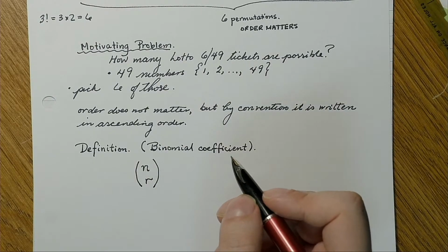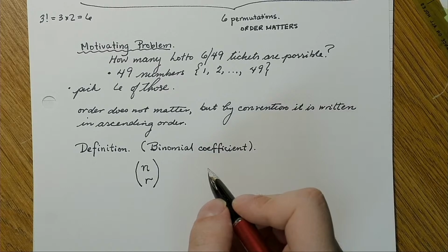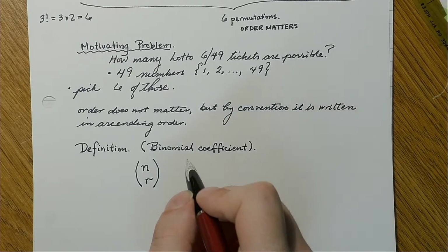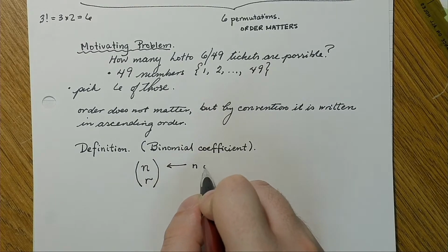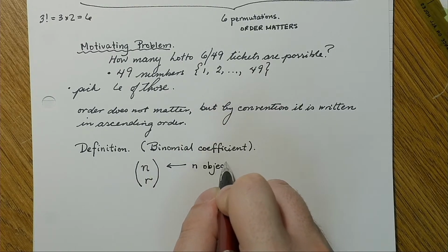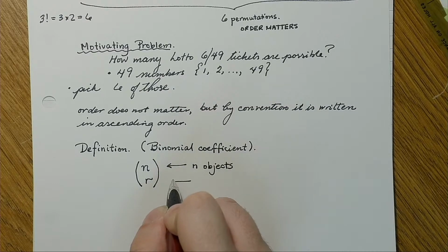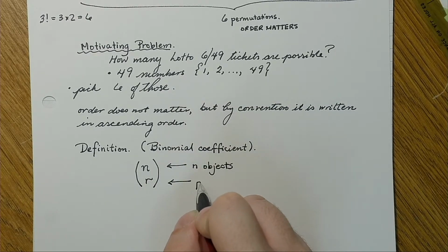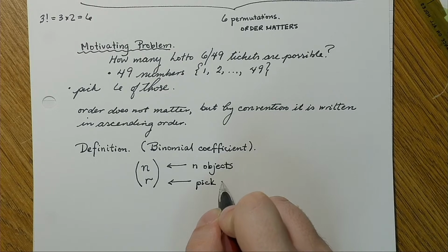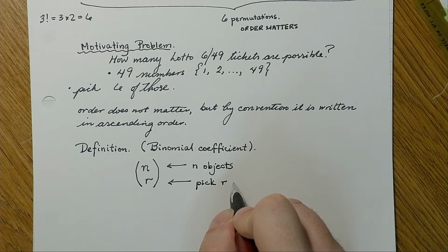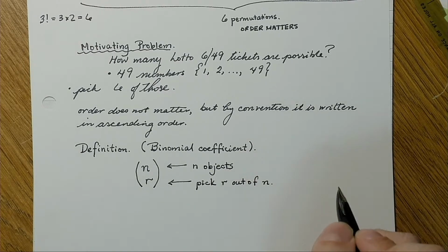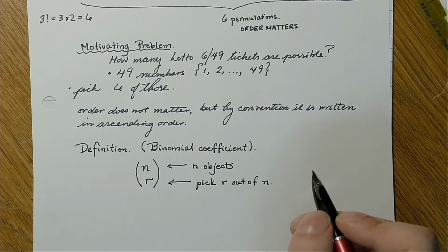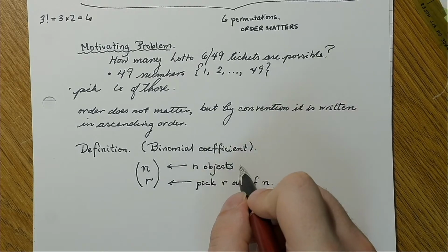And what this is, it's the number of ways. So we have n objects, and we're going to pick r out of n. These are n objects, they're distinct.